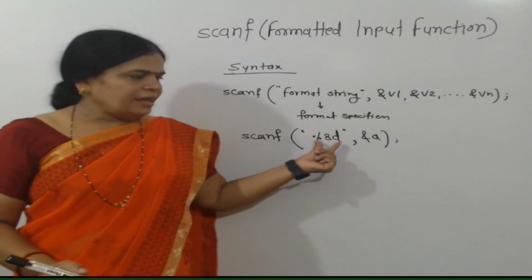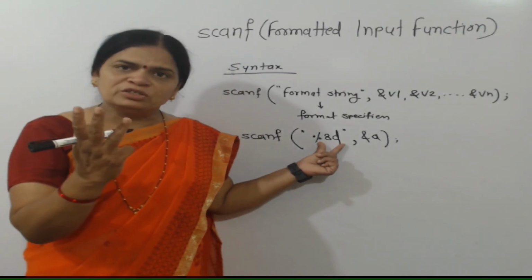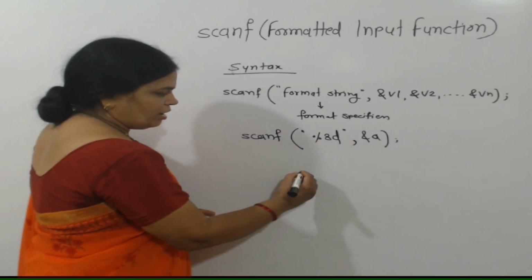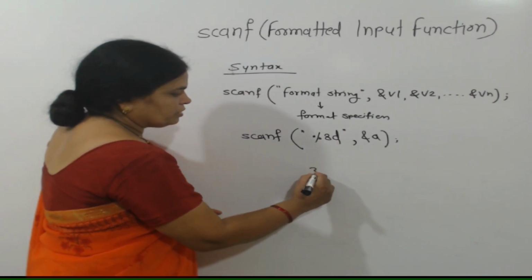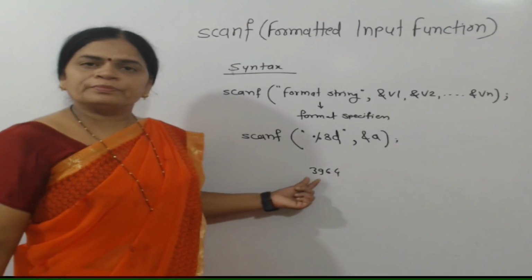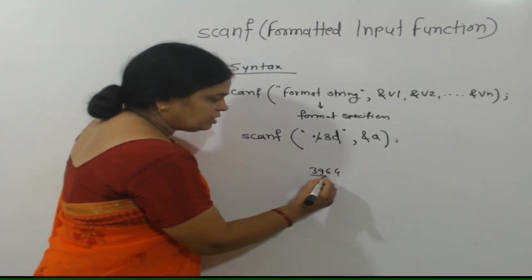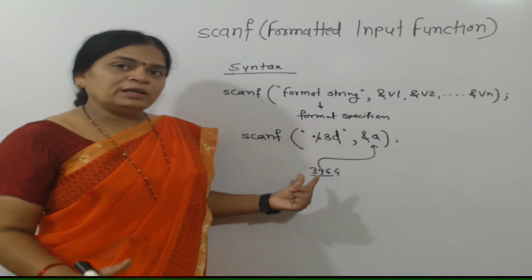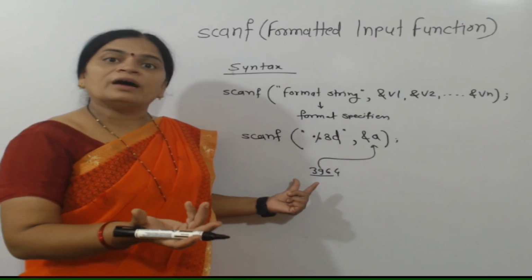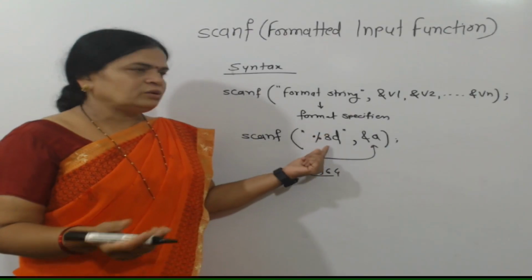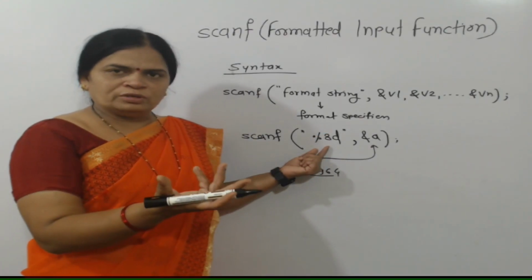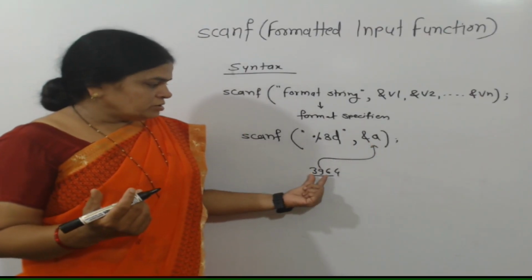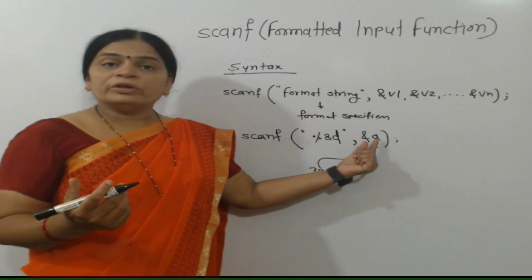So with this scanf function, only the first 3 digits will be stored in variable A. So suppose here in this scanf, the user inputs the value 3964. Then only the first 3 digits will be stored in variable A. So you can give width for your input if you want to, and otherwise, if you don't, whatever value the user enters will go into your variable. So here this 396 will be stored in variable A.